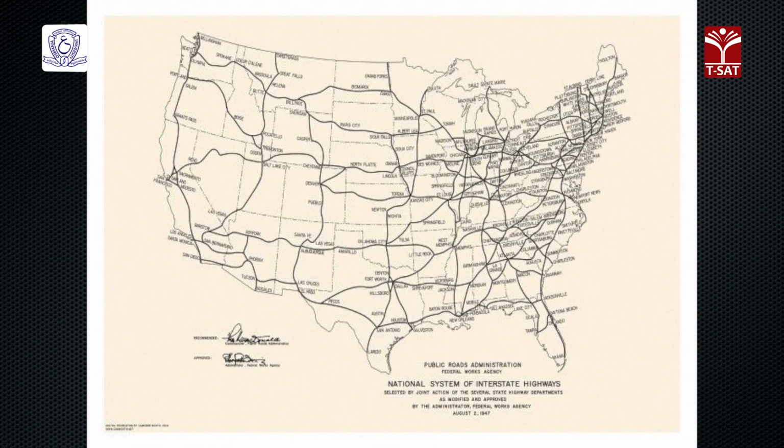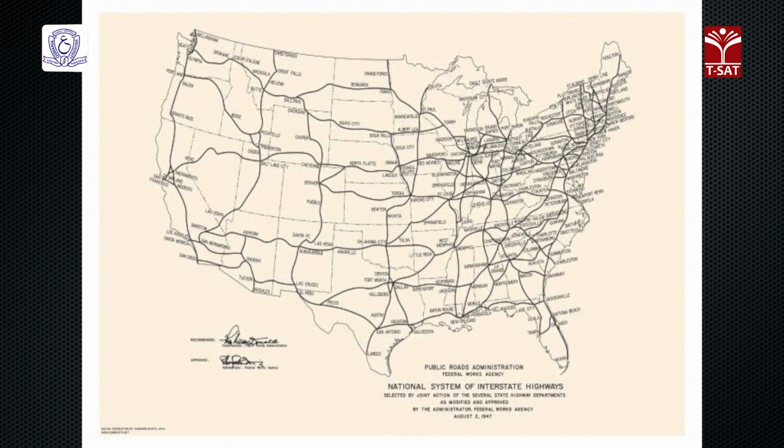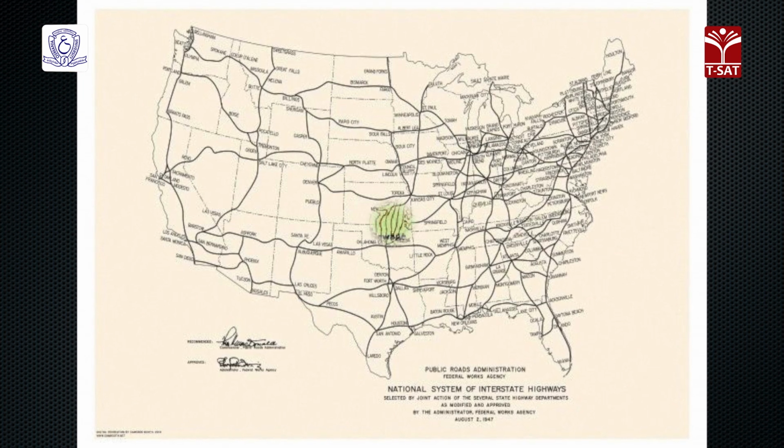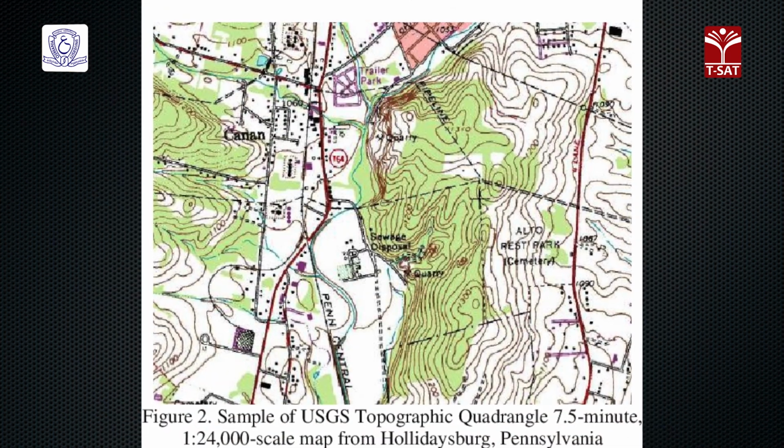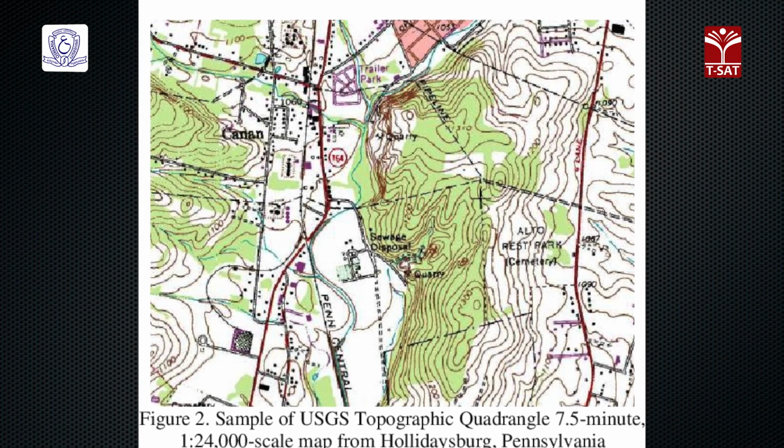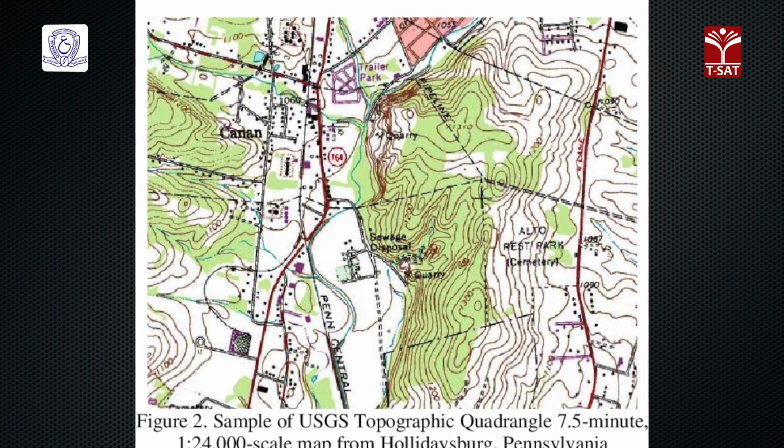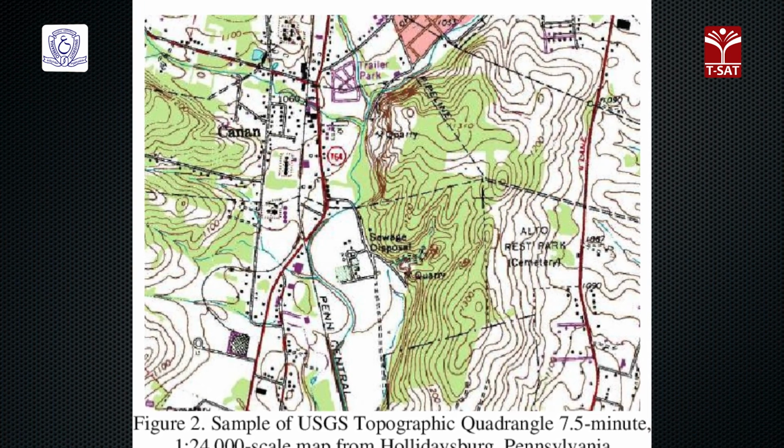Revised and adopted in 1947, the US National Map Accuracy Standards (NMAS) set the accuracy standards for published maps such as topographic maps from the US Geological Survey.